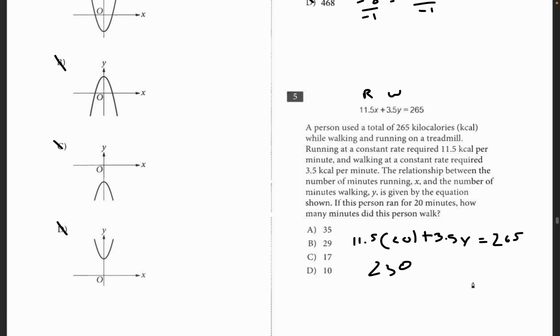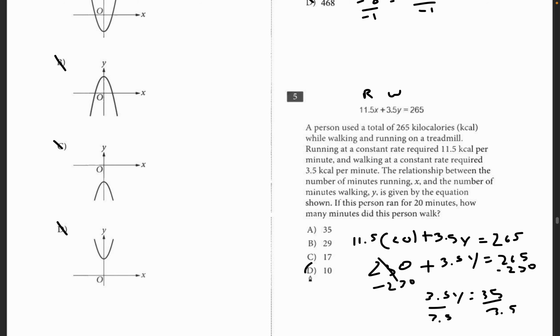And then we do plus 3.5y equals 265. You should know 265 minus 230 is going to be 35. So 3.5y equals 35. And then you just do 35 divided by 3.5. 35 divided by 3.5 is like 350 divided by 35, which gives you 10.